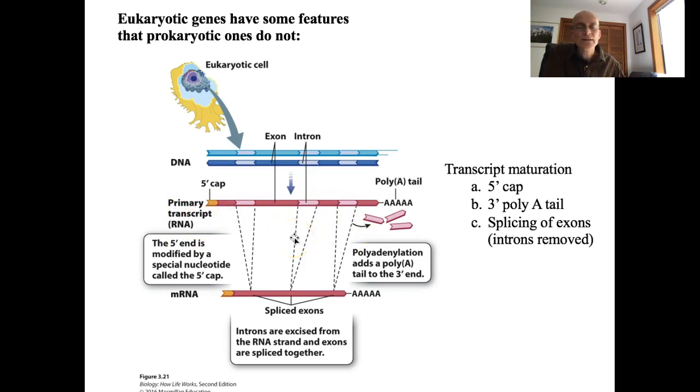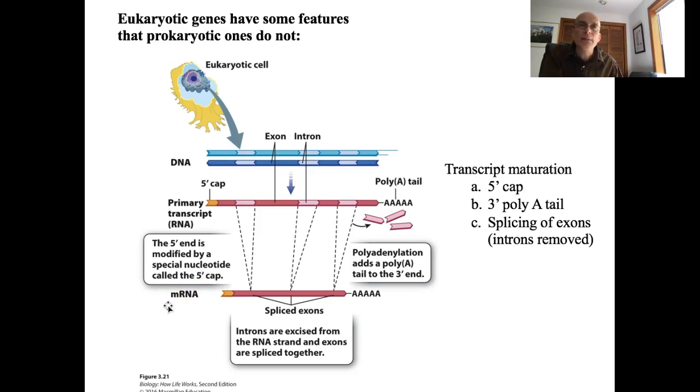Splicing is just like taking a piece of string and cutting little pieces out, and then you fuse the rest together that you want to keep. That's the splicing process. That's what happens, and then you get a mature spliced mRNA after that process.